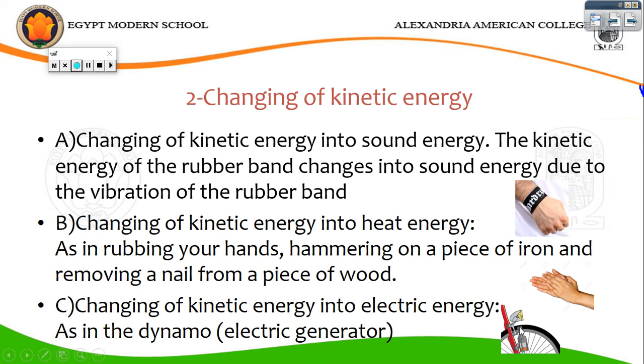When this dynamo is close to touch the tire of the bicycle during movement of the bike, the torch will be lightened. Okay, so it's converting from kinetic energy, from the movement of the wheel, into electric energy that lights the torch or the lamp. This is the dynamo.